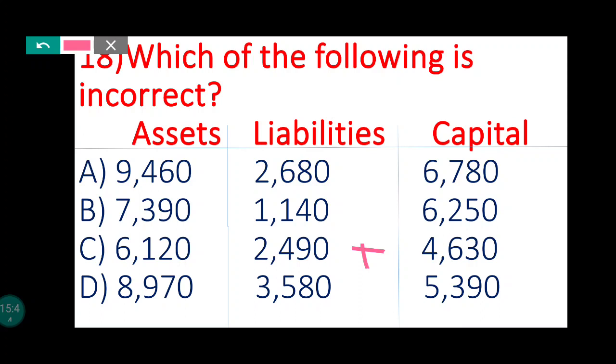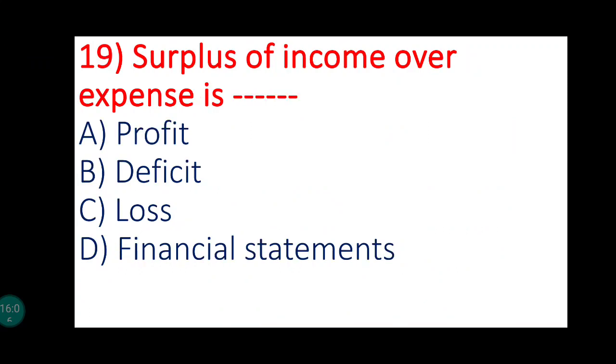As per the equation, capital plus liability should be equal to asset. But when we make total of 4630 plus 2490, we are not getting 6120 but we are getting 7120. So this statement is incorrect. So answer is C.